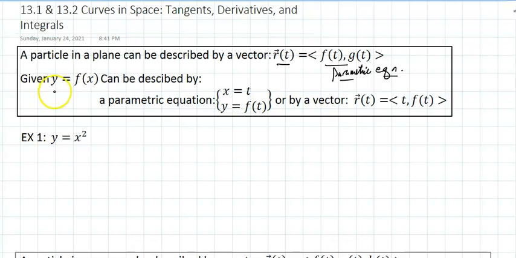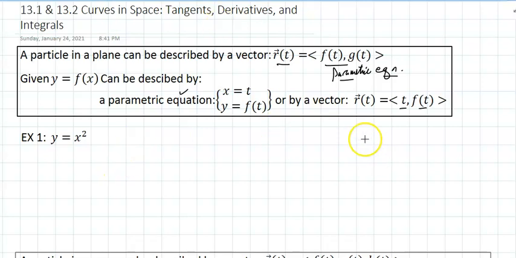So if you're given y equal f of x, you can describe this by one of two things. Either a parametric equation, let x equal t and y would be f of t, or by a vector, ti + f of t j. Example, and we're going to do a lot more examples later on, I just want to get this out of the way. Example, y equal x squared.